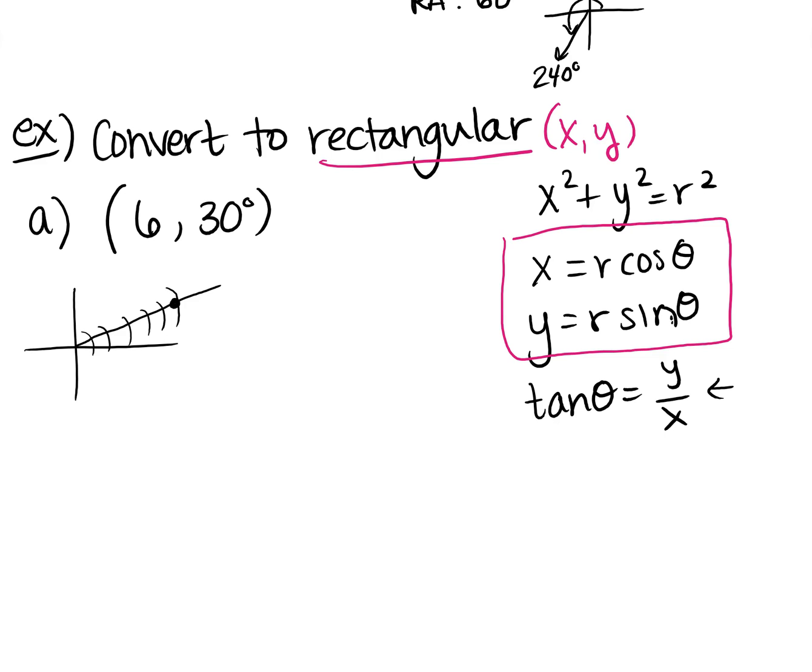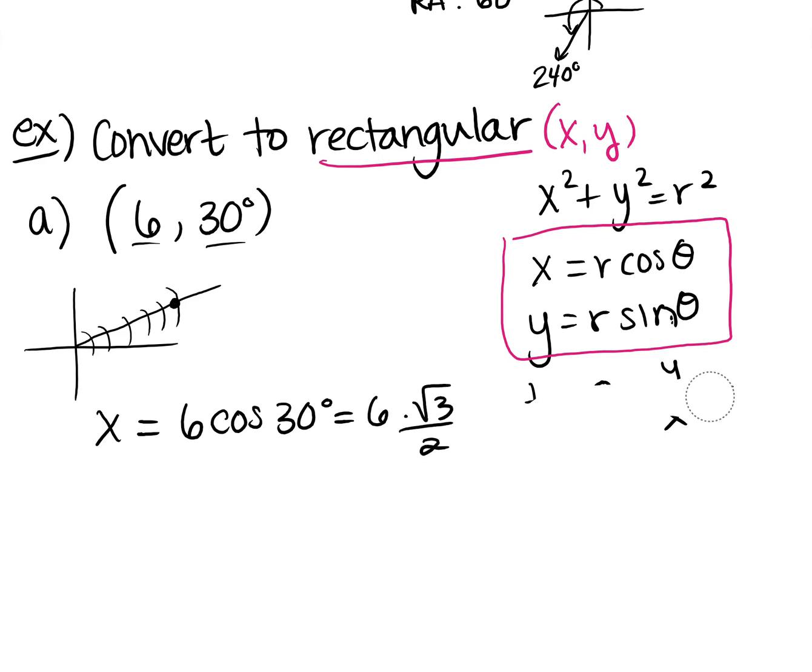Okay, so what's nice about converting to rectangular is you literally plug it in. So I'm going to do this: 6 is my r, that's my theta. 6 times the cosine of 30 degrees, so that's 6 times root 3 over 2. So what do we got?